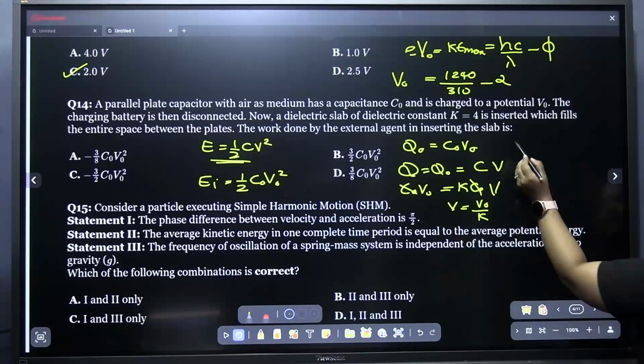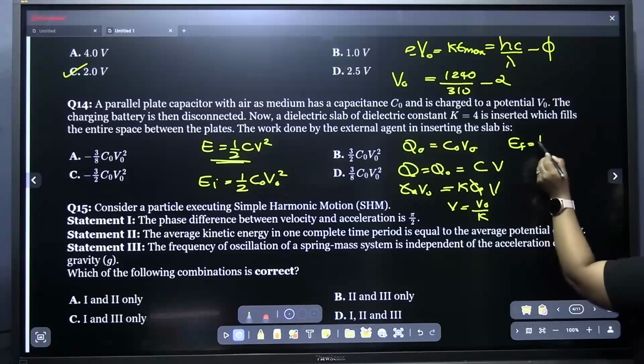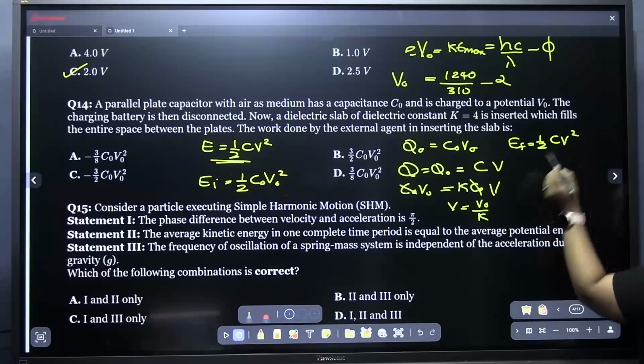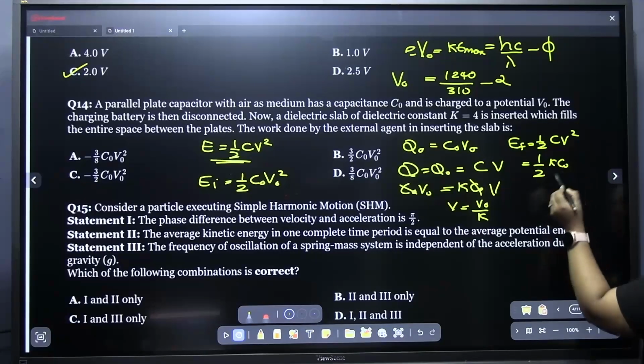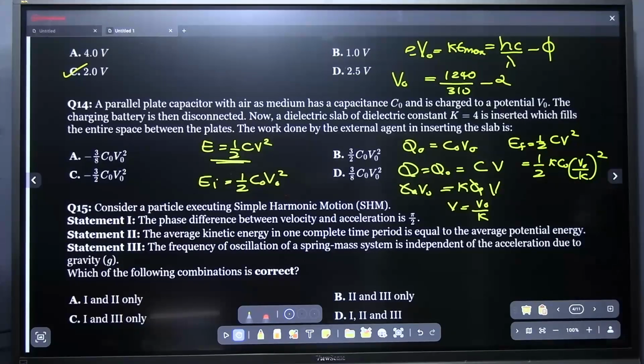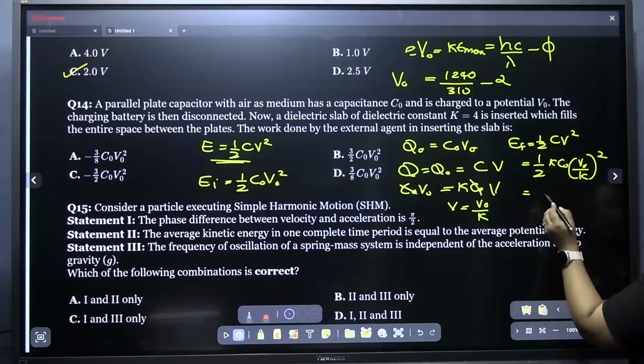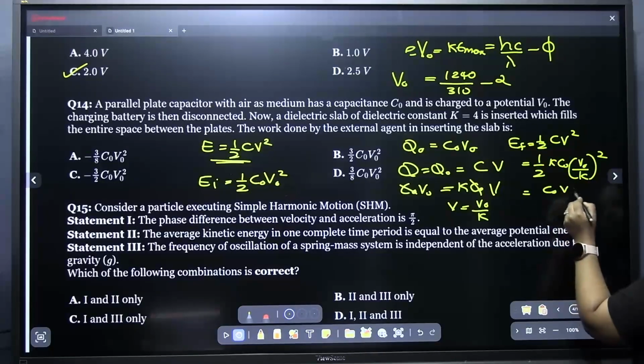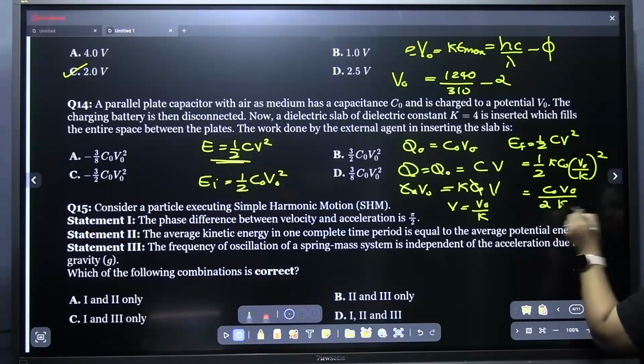So final energy is equal to half CV square, half into K C naught into V naught by K the whole square. Substituting this you will get C naught V naught square by 2K.